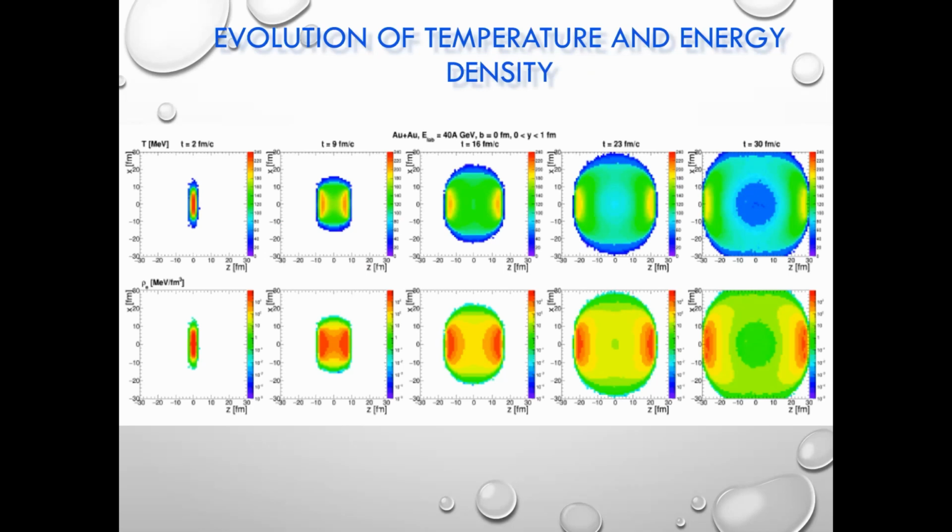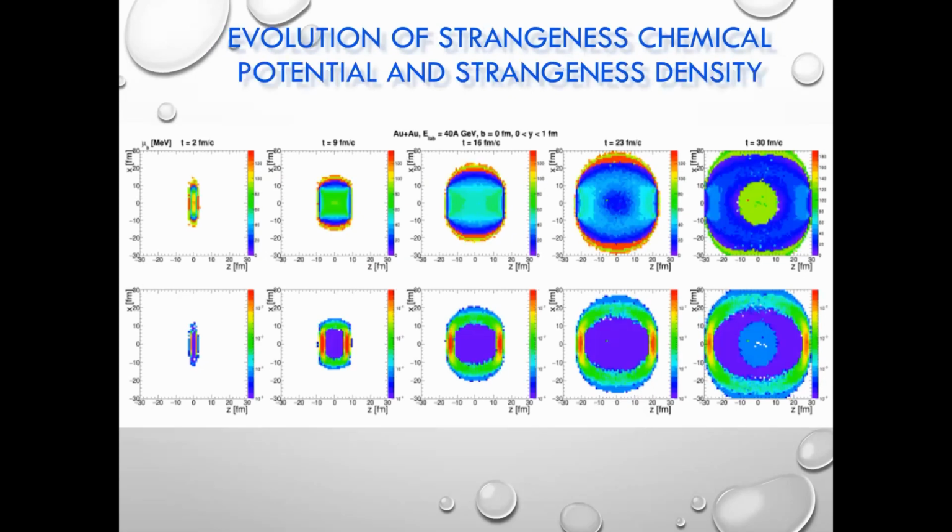These pictures can illustrate the so-called core-corona picture, where the corona is quite cold, and the matter in the core is, well, especially at times between 9 and 23, more or less uniformly hot.